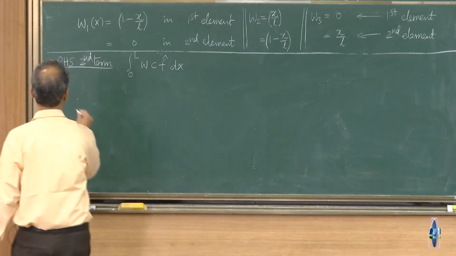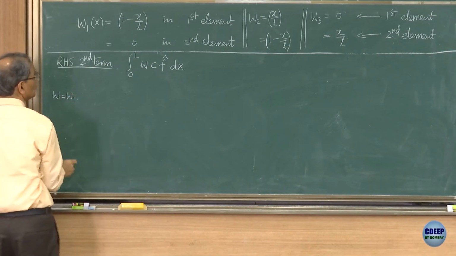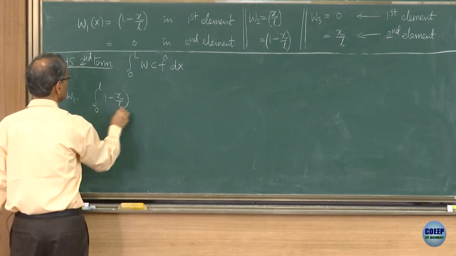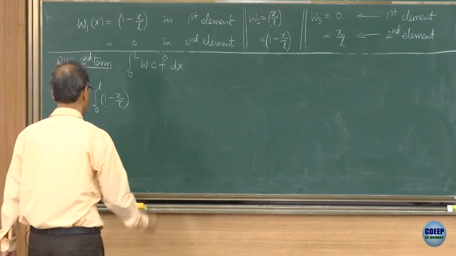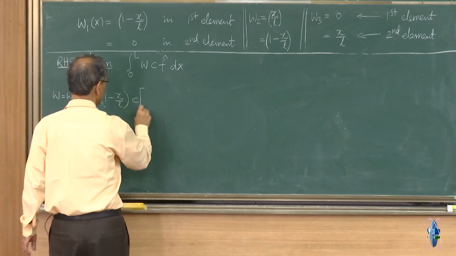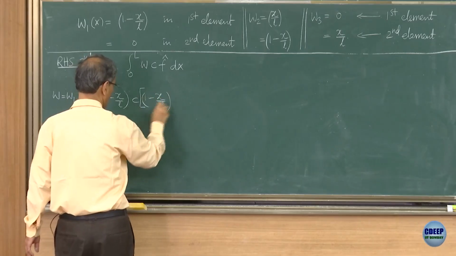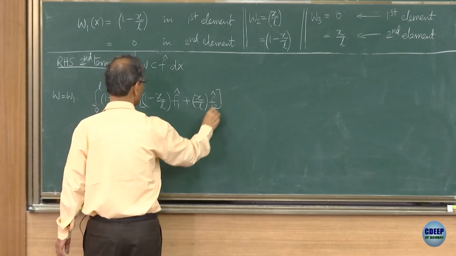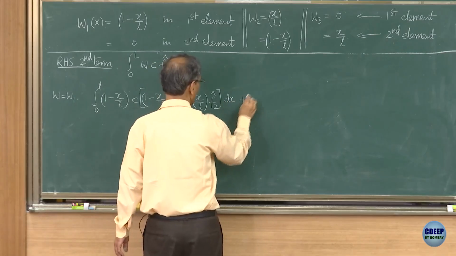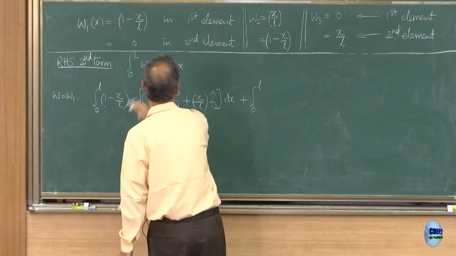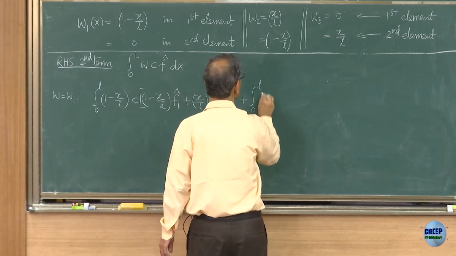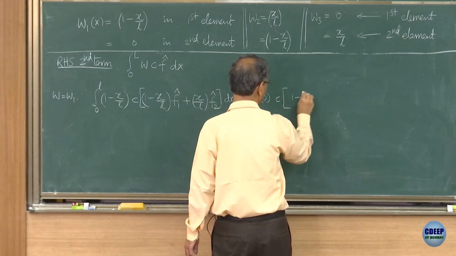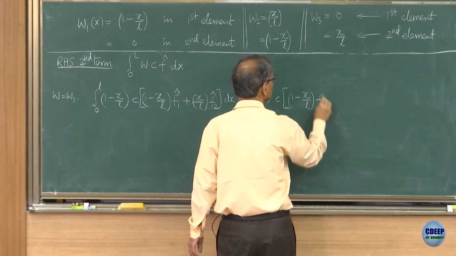I am going to write with respect to W is W1: integral 0 to L, 1 minus x by L in the first element, C times F, which is 1 minus x by L F1 hat plus x by L F2 hat in the first element dx, plus integral 0 to L, where W has become 0 in the second element, but it's a good idea to just write it down so that you see how the terms are coming.